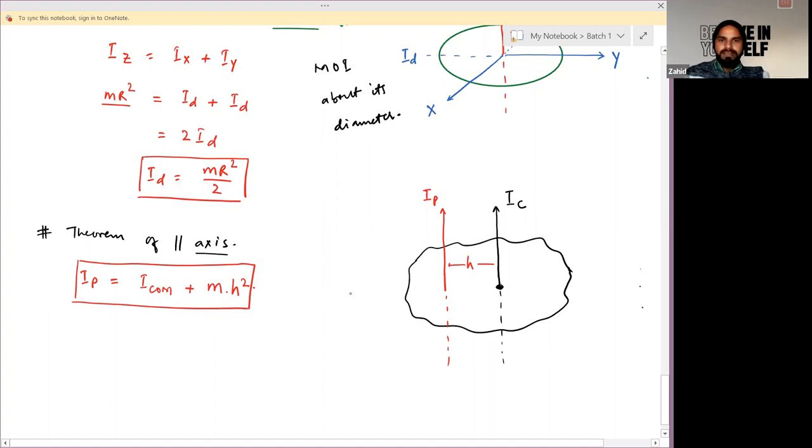So this will be the theorem of parallel axis. There is only one condition: IC must be parallel to IP, separated at some distance h, and IC will be moment of inertia about its center of mass.